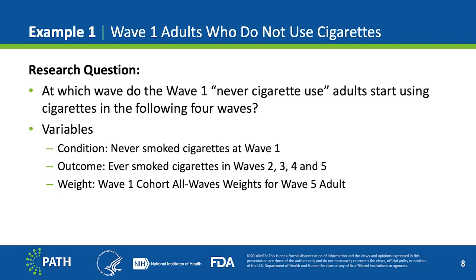First, we need the condition variable which identifies people who never smoked cigarettes at wave 1. Then we track those people from wave 2 through wave 5 to see whether they ever transition to smoking cigarettes during those waves. We will use the wave 1 cohort all waves weights for wave 5 adults to generate inferences for the population.